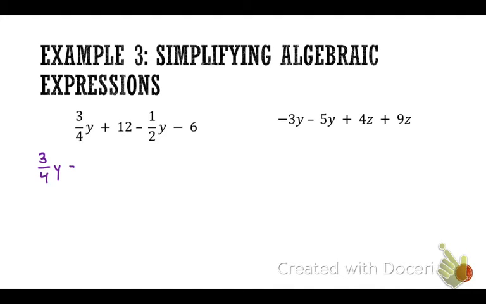If you can, go ahead and do that so you don't have to keep writing extra steps. What would you multiply 1/2 by to get to your LCD? 2. Okay, so this becomes 2/4 y. You see what I did there? You don't have to necessarily show that. You could do that in your head. Now bring down the rest.